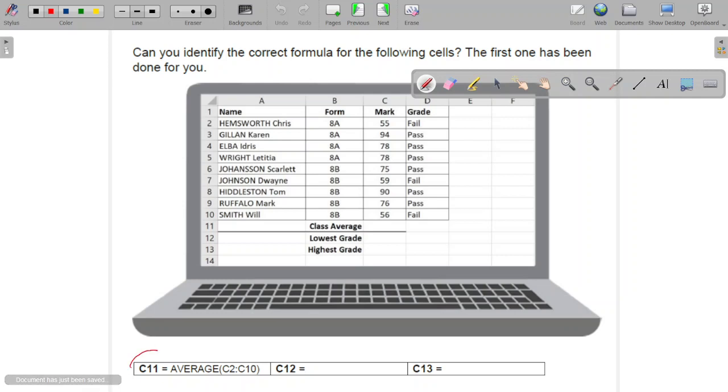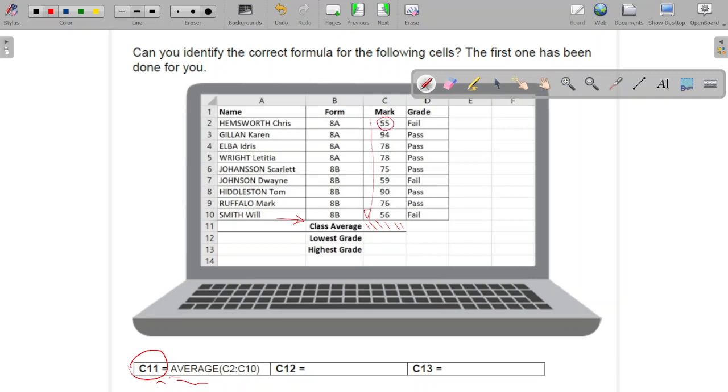Now he's requesting you to tell what's the correct formula for the following cells. Now look at this one. C11 was solved for you. C11 is this cell. What is C11 going to be? It says here class average. When I say class average, what kind of formula is it going to be? It's going to equal average, and we're going to add the range of the cells, all of these marks.